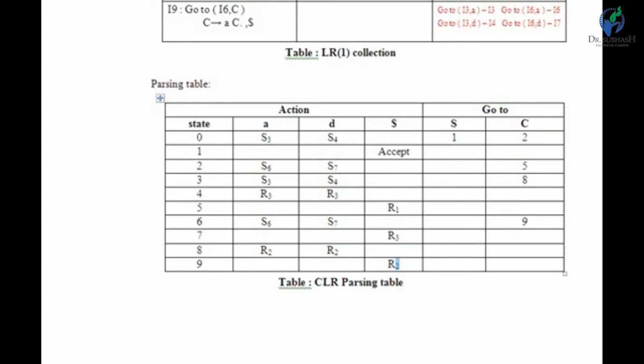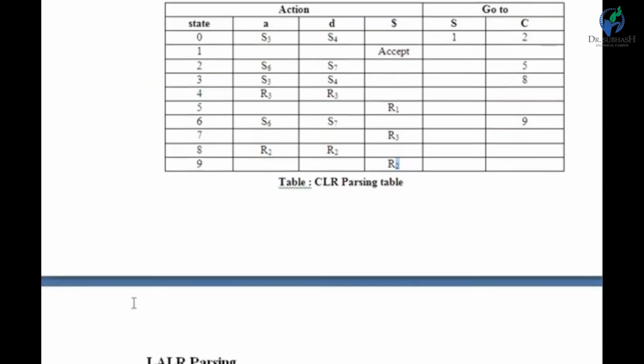LALR is often used in practice because the tables obtained by it are smaller than the CLR tables. SLR and LALR tables for a grammar always have the same number of states.